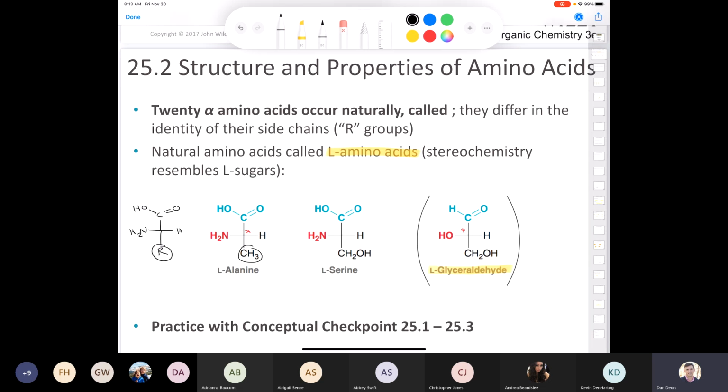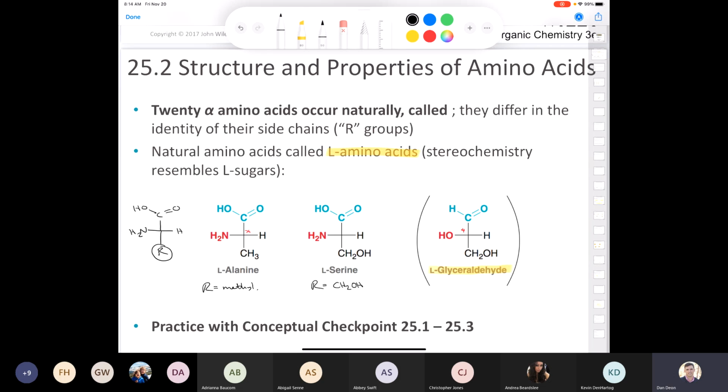If the R group is a methyl, when R is equal to methyl, that amino acid has a name and it's alanine. And of course, the stereochemistry here makes it an L amino acid, so this is L-alanine. If the R group is a CH2, so a methylene with a hydroxy attached to it, then it's called serine.